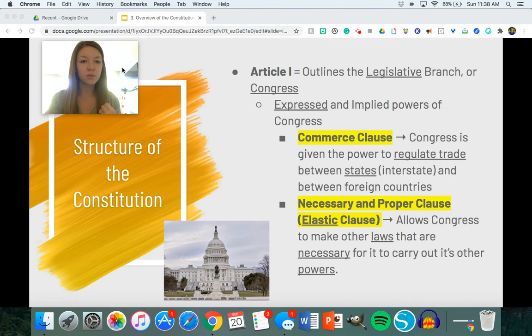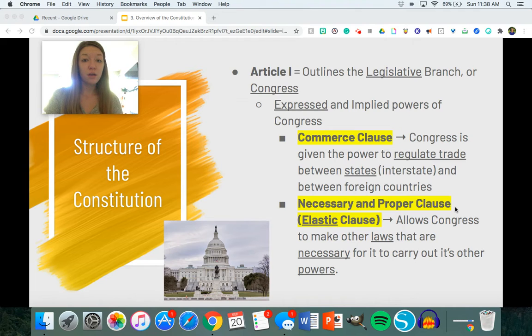Article 1 also outlines what is called the Necessary and Proper Clause, or the Elastic Clause, and this is that implied power. So it's not expressed, it's not directly stated, but this clause allows Congress to make other laws that are necessary for it to carry out its other powers.